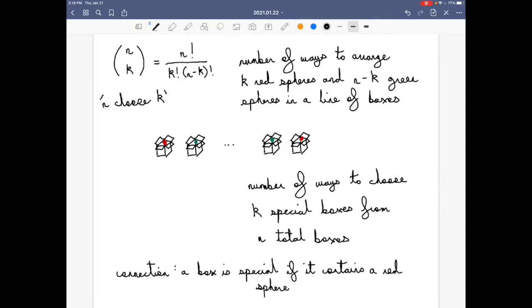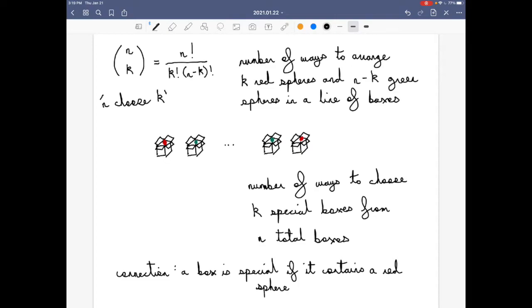And so physical analogies are fundamental to understanding probability, and we're going to enrich the physical analogy of arranging red and green spheres in a line by saying just that, well, we're going to put them in boxes. So we have this line of boxes, n boxes, and then we're going to put these green and red spheres in them.